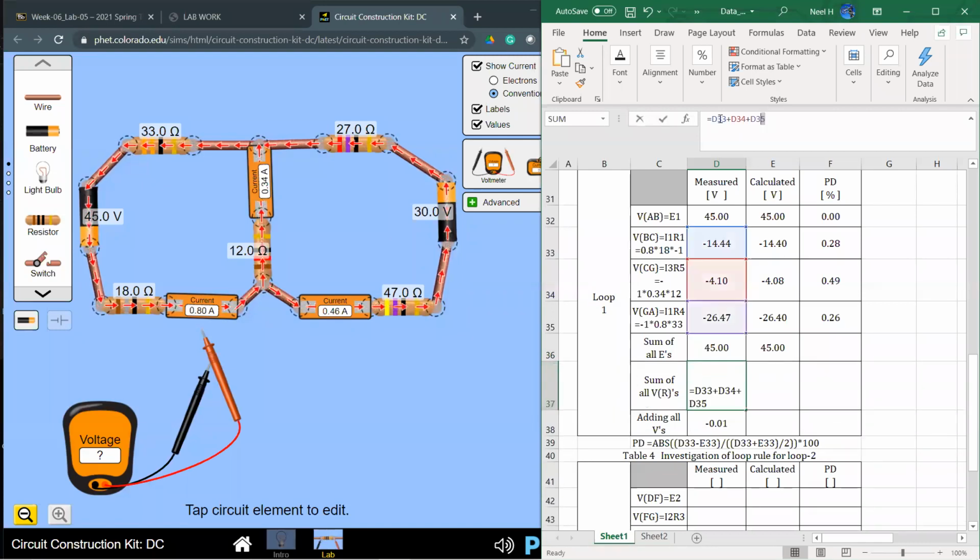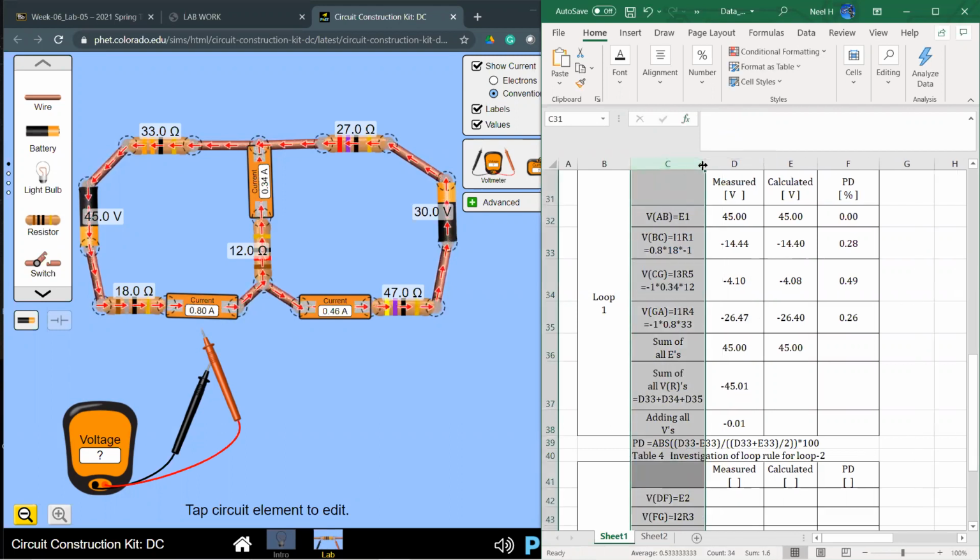We can do the same for the calculated values too. And let's add all the voltages together. E33 plus E34 plus E35. About the same.